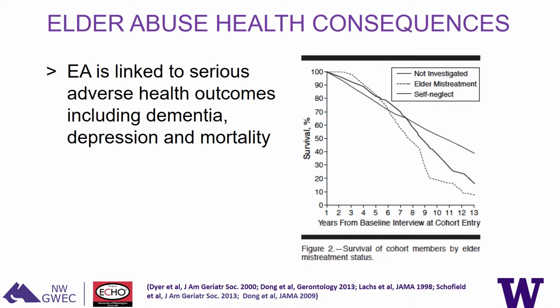And here you'll see a graph from one of the first studies that showed the association with increased mortality, which was published in JAMA back in 1998. The bottom dotted line were APS cases where there was high suspicion for elder mistreatment, and you'll see at 13 years a much lower survival for those individuals compared to those who were not investigated because there was deemed to be very low risk of elder mistreatment, and compared to those who had self-neglect.